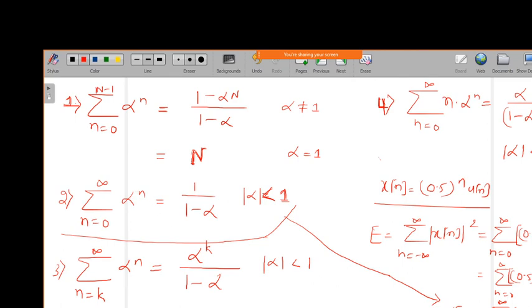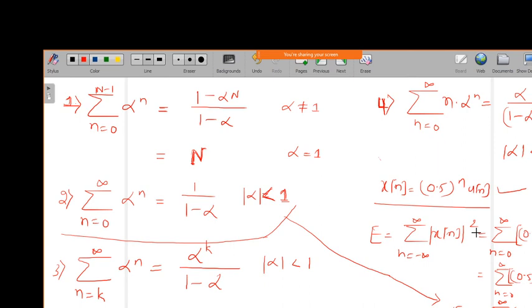So we can write this as 1 over 1 minus alpha, that is, 1 over 1 minus 0.25, which is 1 over 0.75. This is less than infinity, so we can say the signal is an energy signal. Problems where the summation exists can be found easily like this.